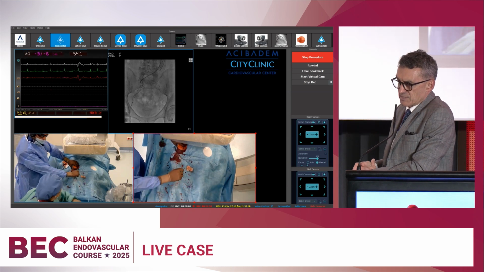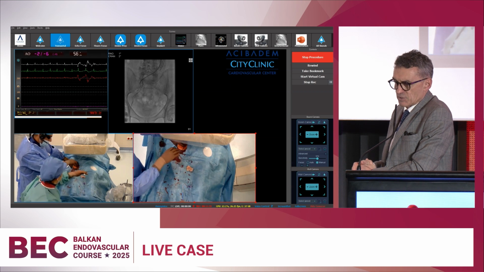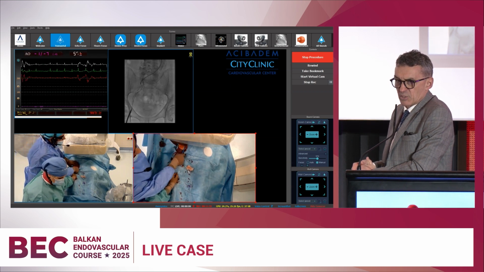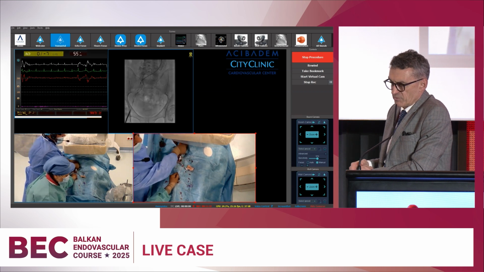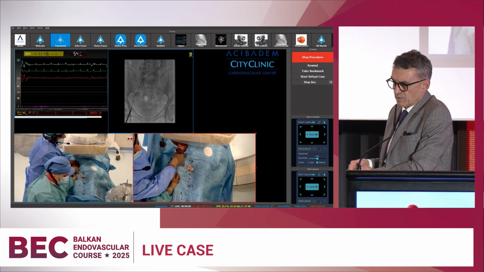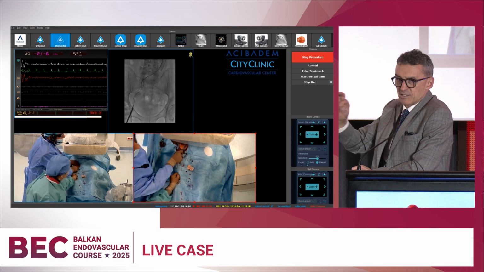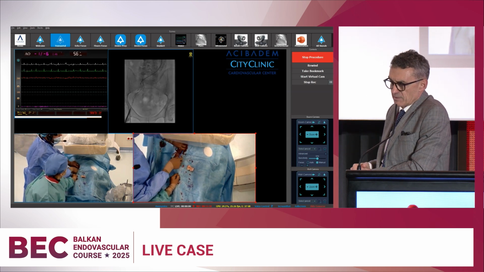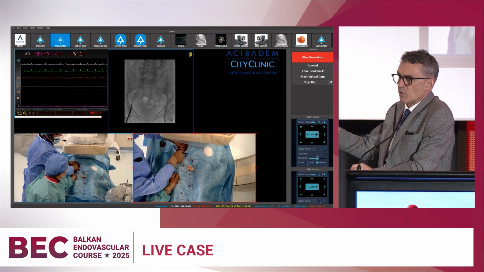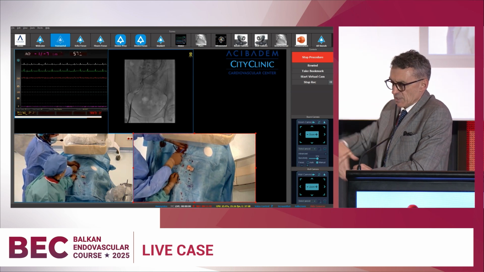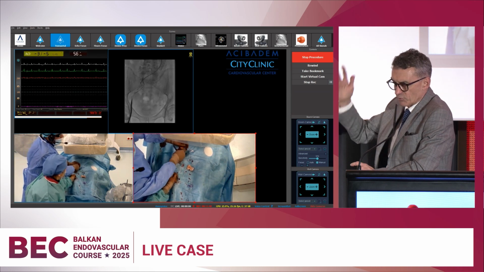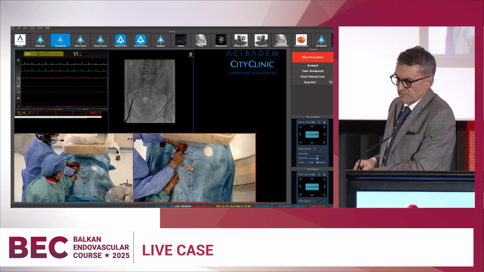After surgery there is a huge tissue resistance because of the previous surgery, so it's important to make a small skin cut in order to liberate the resistance, and to upsize the sheaths step by step, not to jump from 6 French to 12 or 14.